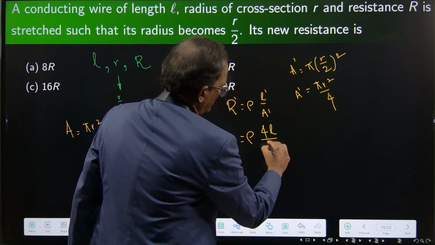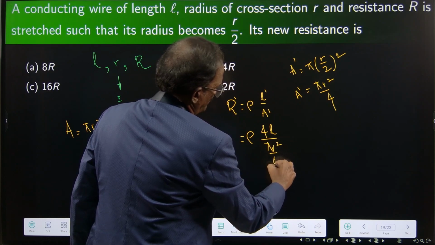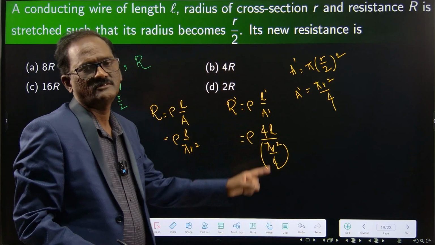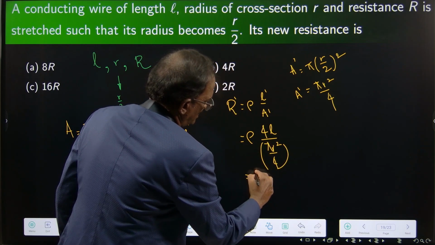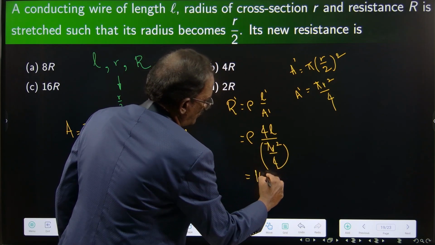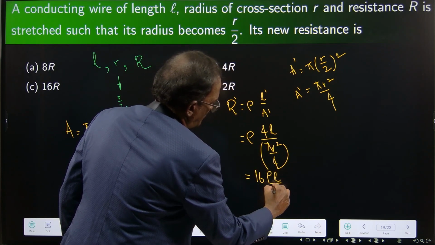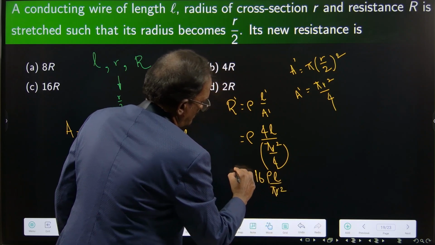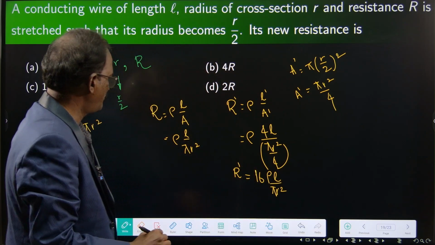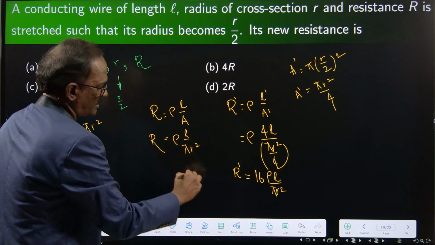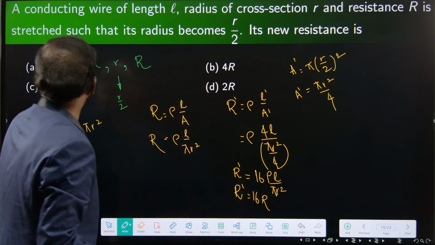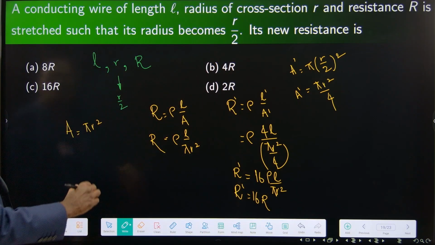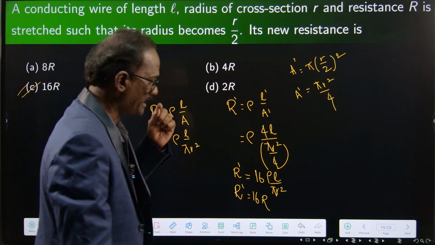Area is decreased, the same amount the length has increased. So it is 16, 4 into 4, rho L divided by pi r square. Rho L by pi r square is R. So R dash is equal to 16R is the answer. 8R, 4R, 16R. Option C.